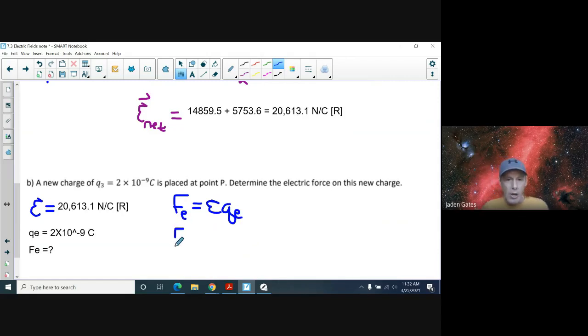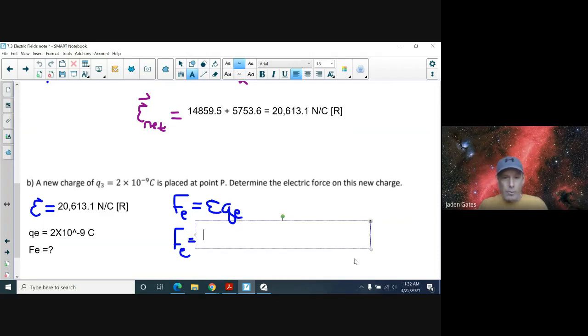Again, I'm going to make right positive. Let's see what we get. Plug in. I've got positive 20,613.1, because we're going to the right here, times 2 times 10 to the power of -9.